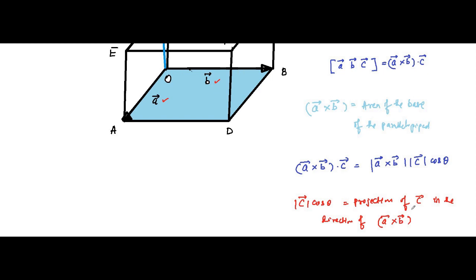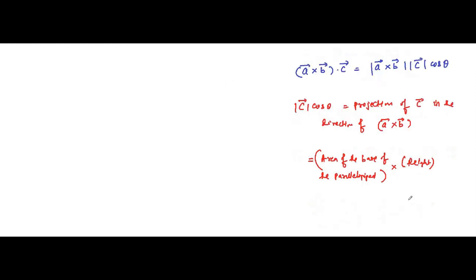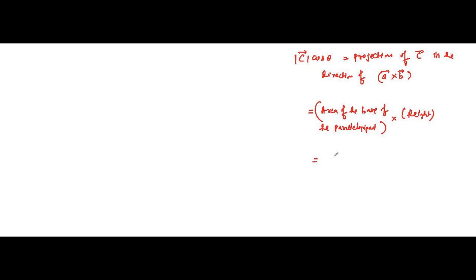So we can say this in a way is equal to the area of the base of the parallelepiped, okay, this into the height, and area into height gives us the volume of the parallelepiped.